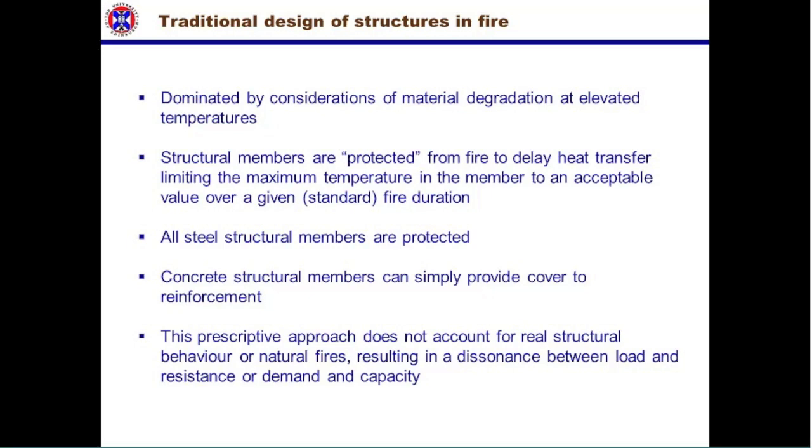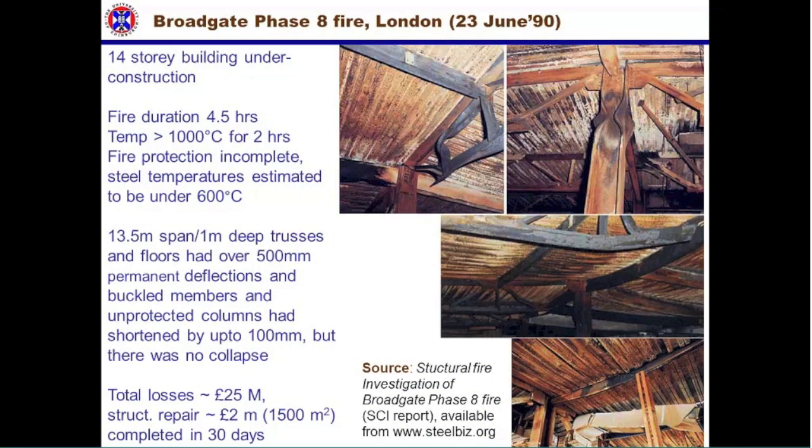This was first brought to the notice of the steel industry and structural engineers in the UK by a seminal event, when a building under construction in the Broadgate Phase 8 development in London caught fire in June 1990, and most of the building was not fire protected at that time.